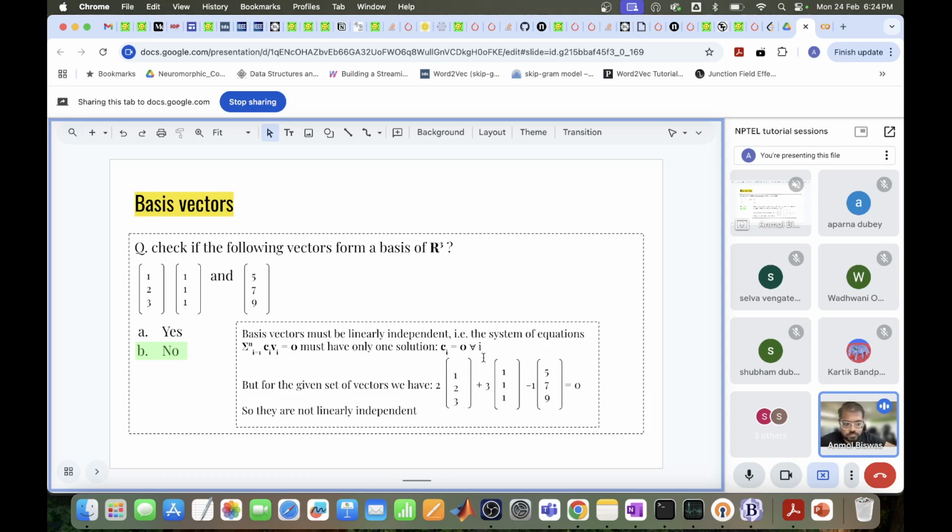But in this case, that is not in fact true.